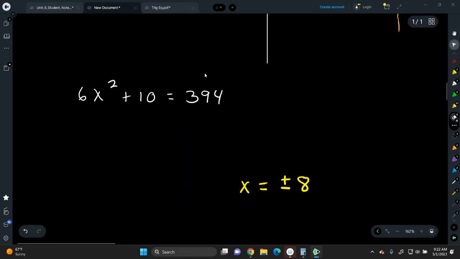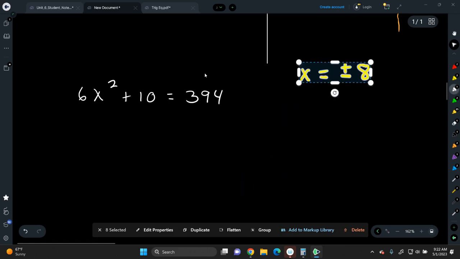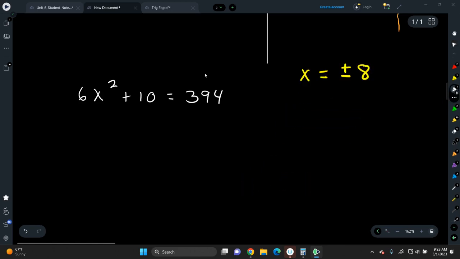But it's going to take a lot longer. So if I use the quadratic formula, what would I do first? What does it have to equal when we use the quadratic formula? 0. So I would subtract 394. All right, so then we have a equals 6. What does b equal? 0.